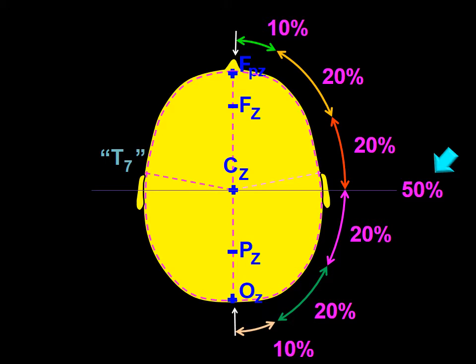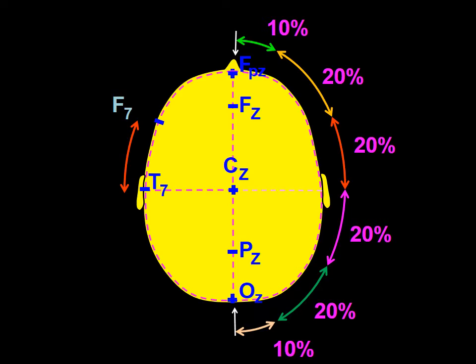So at this junction, we draw a line at the 50% mark between FPC and OC. This line goes from one side of the head to the other. So it is where this horizontal line crosses the circular line on the left side that we place the definite T7.